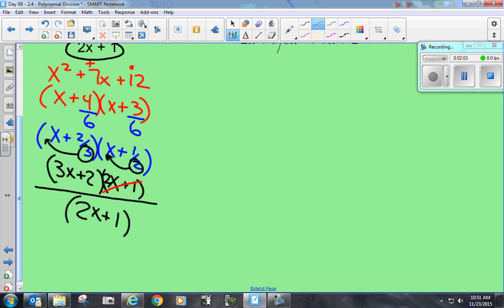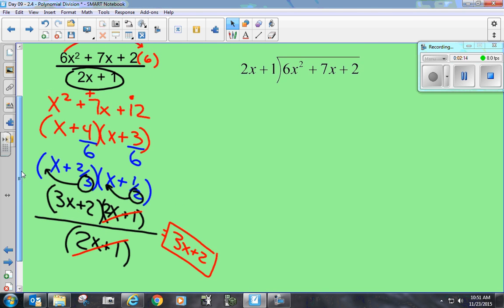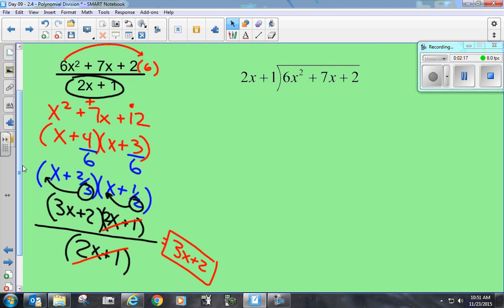Yes, 2x plus 1 cancels with 2x plus 1. And my answer is 3x plus 2. That is my answer. Now we simplify, but let's not forget, isn't a fraction really division? Isn't it really the numerator divided by the denominator? So I can rewrite it this way. I can rewrite it that way. I should get the same answer. I should get 3x plus 2.